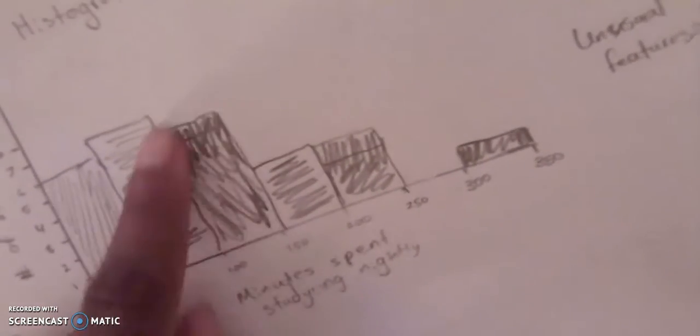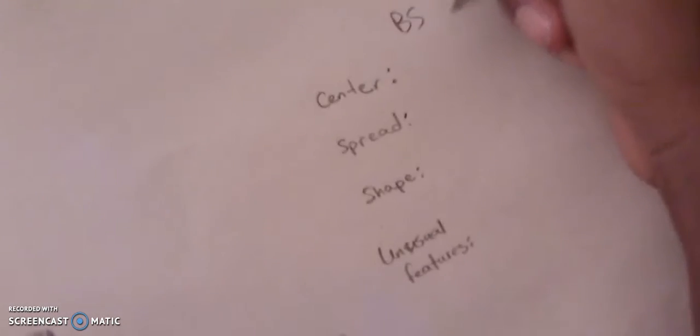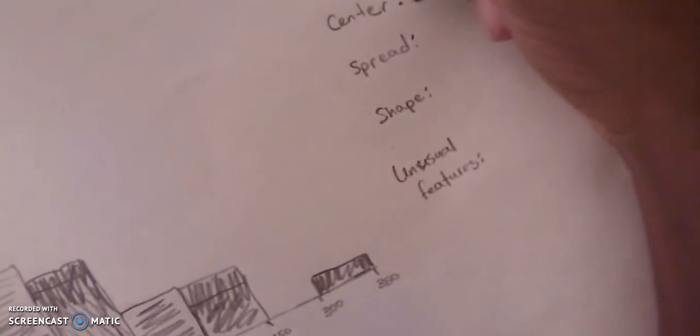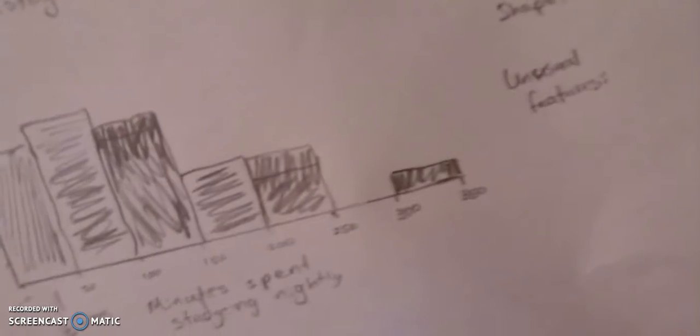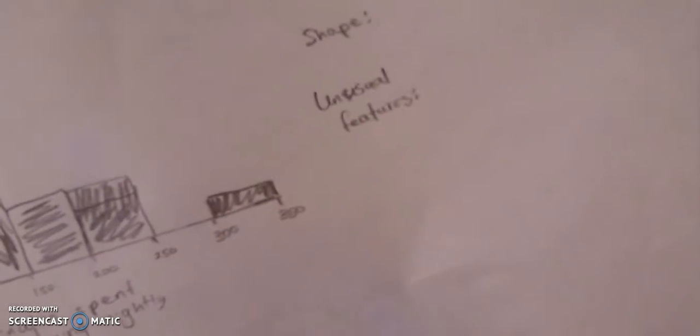So we know the 15th is going to fall somewhere in the 100 to 150 range. So I'm going to estimate from my histogram that my center is approximately 100. Now, this may not be completely accurate based on the true data, but based on the general pattern, I can make an assumption that my center is somewhere between 100 and 150.